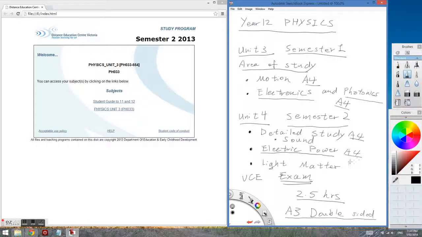So by the end of the year, you combine these 5 pages into an A3 double-sided paper, so you can use them as a cheat sheet for the final year exam.